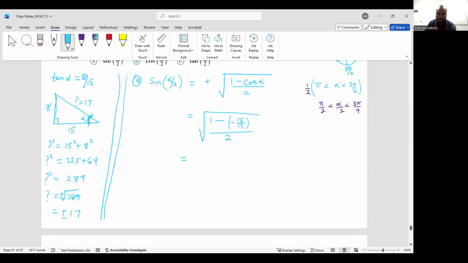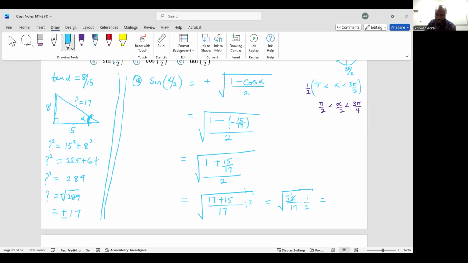So we have the square root of 1 minus negative 15 over 17, all divided by 2. And that is the square root of 17 plus 15 over 17, divided by 2. That is the square root of 32 over 17 times 1 over 2.